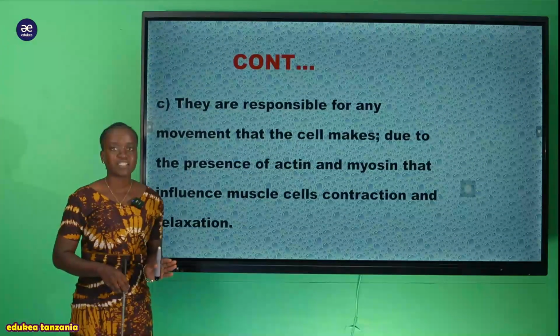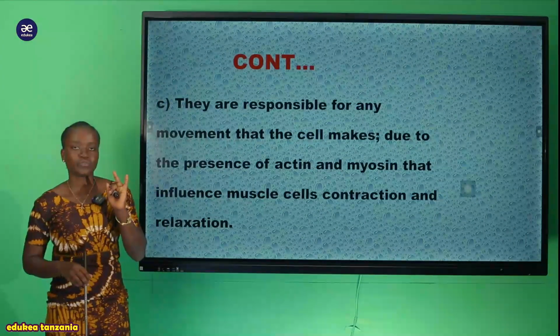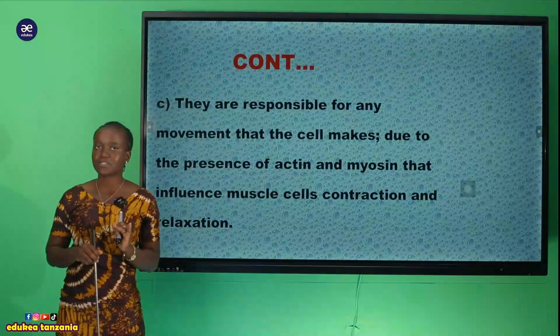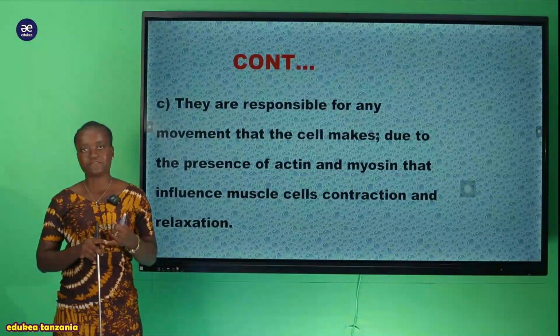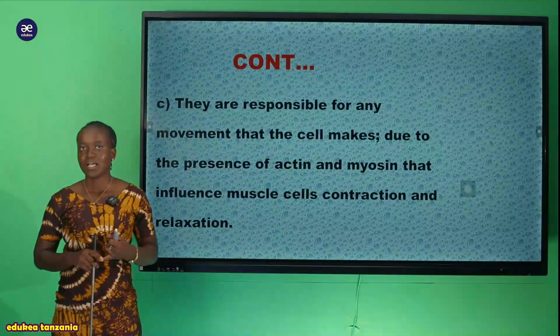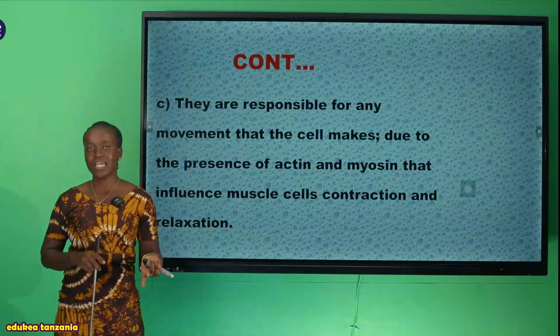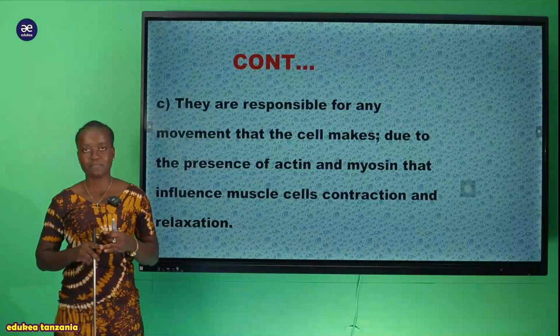So here in this session we have discussed two types or main forms of cytoskeleton. The first we have already seen, the microtubules and its function, and now we conclude by looking at the function of the microfilament.